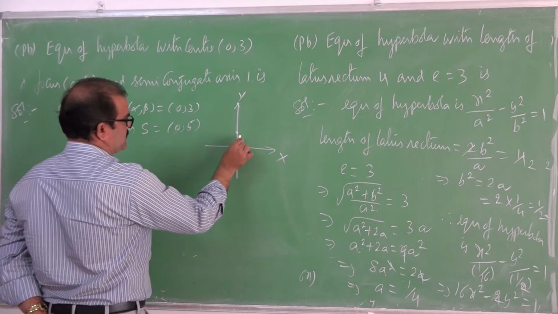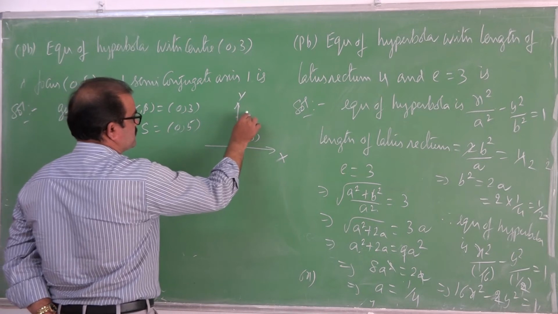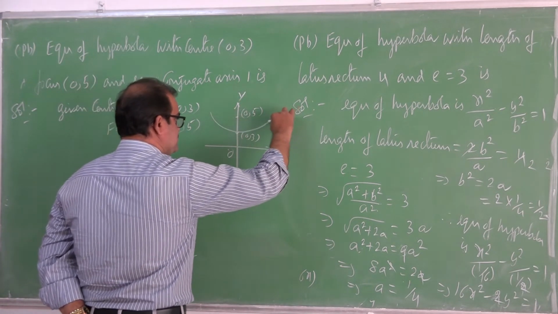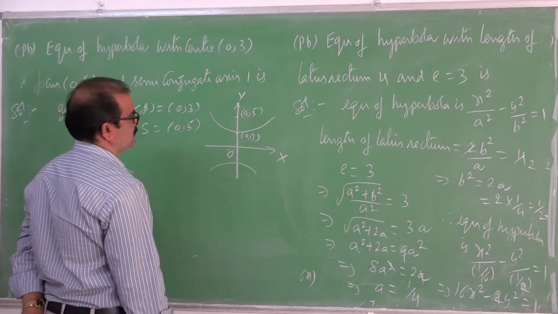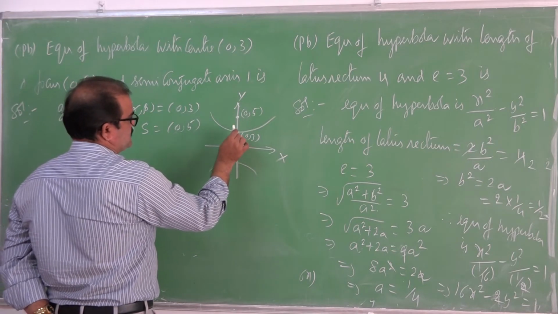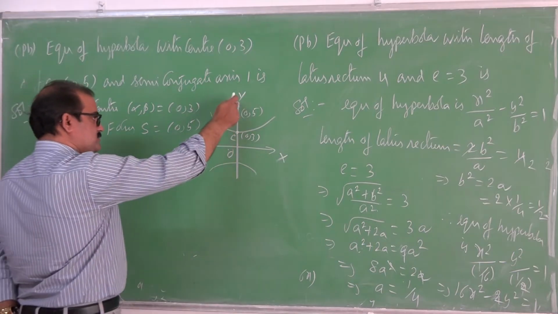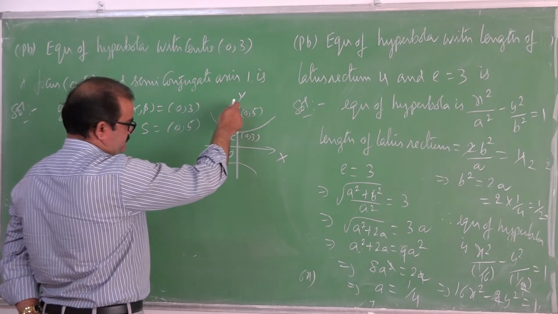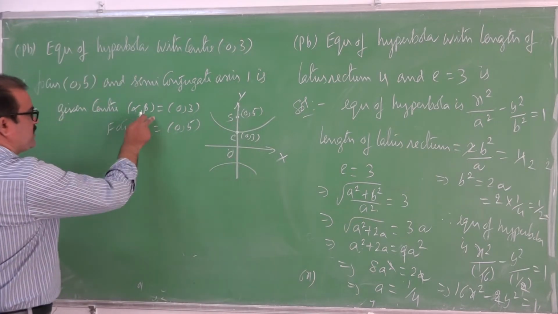Center (0, 3), focus (0, 5), then the hyperbola shape is in this way. Now this is the center C and the focus (0, 5). This hyperbola is symmetric about the y-axis with center (alpha, beta).